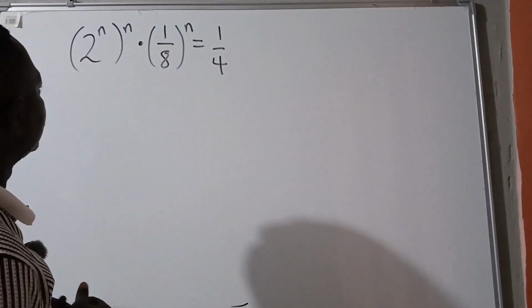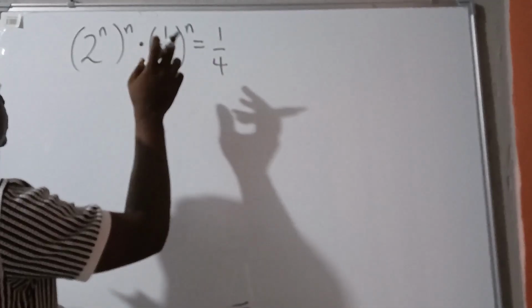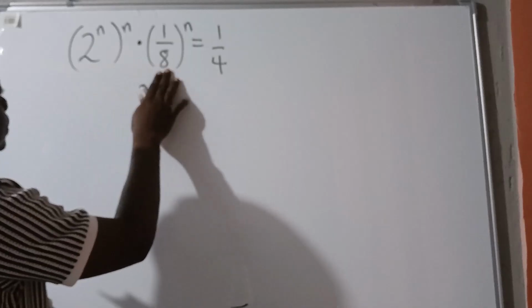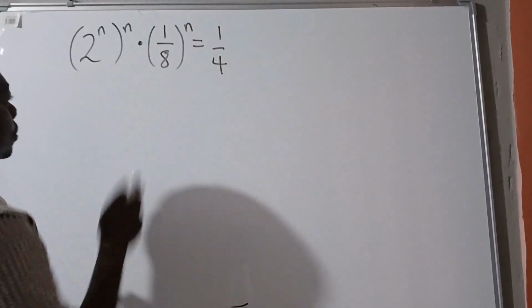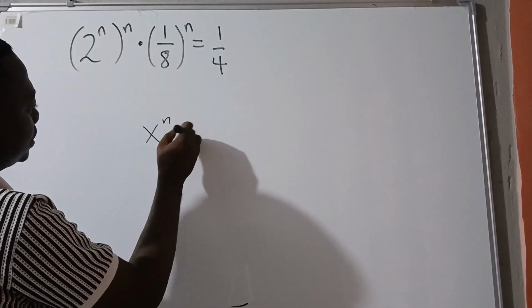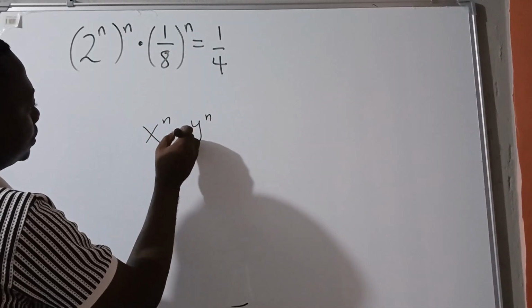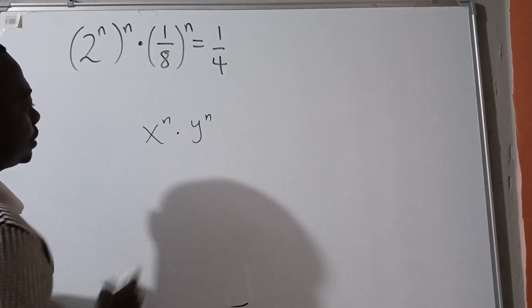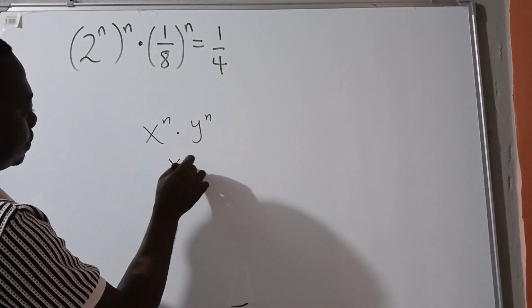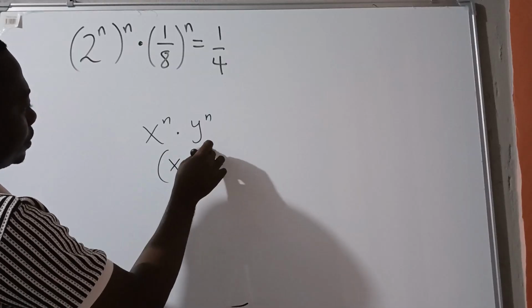First of all, let's understand that x to the power of n times y to the power of n, because the powers are common, we can multiply the bases. So that is (xy) all raised to n.